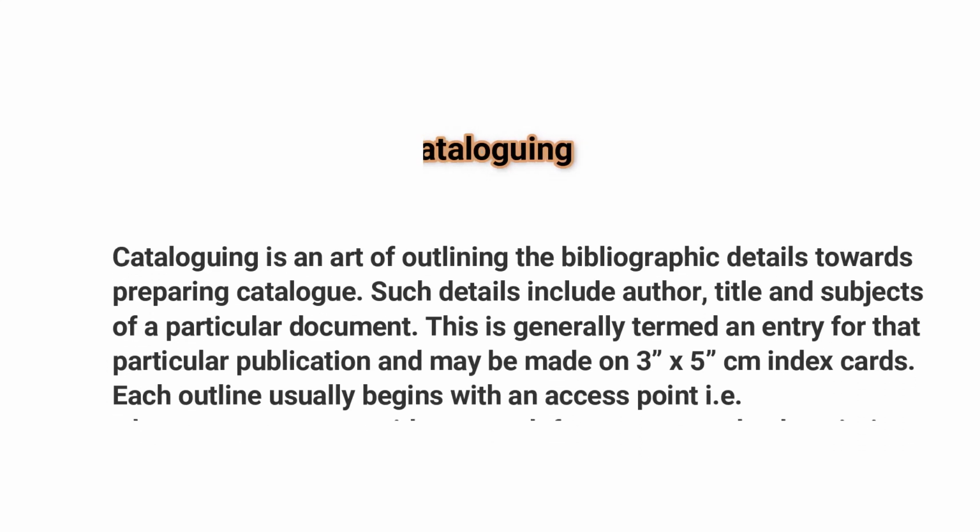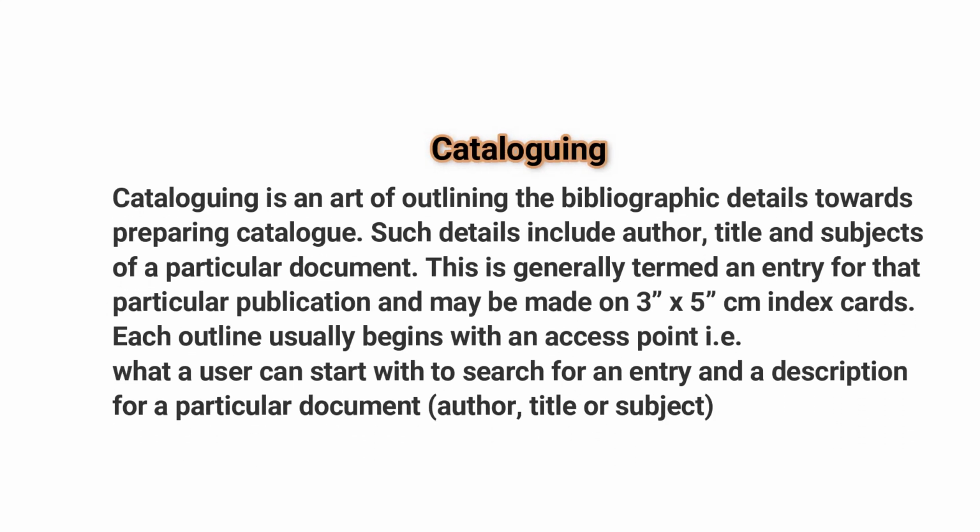Cataloging. Cataloging is an art of outlining the bibliographic details towards preparing a catalog. Such details include author, title, and subject of a particular document. This is generally termed as an entry for that particular publication and may be made on a 3x5 inch index card.